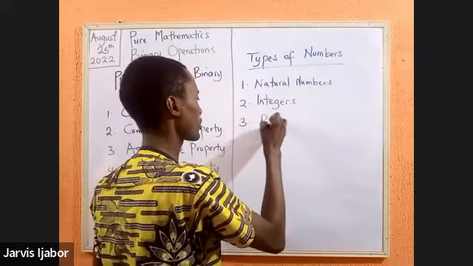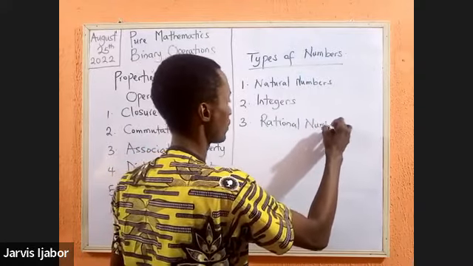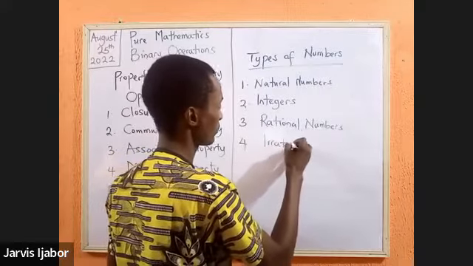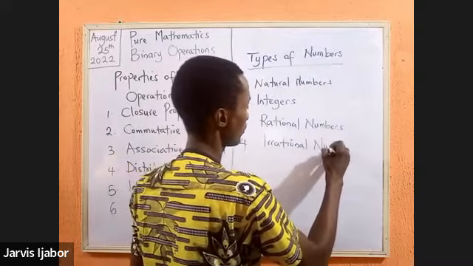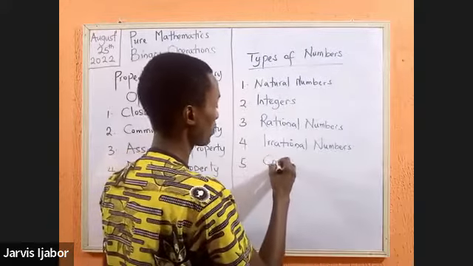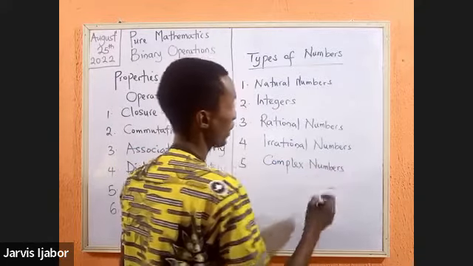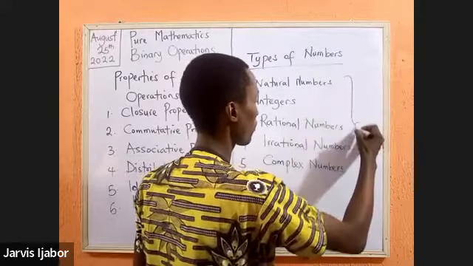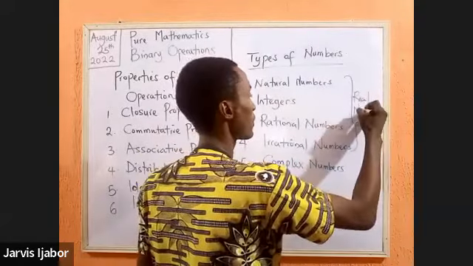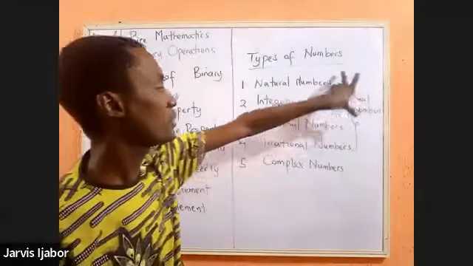Number three, rational numbers. Number four, irrational numbers. And number five, complex numbers. And the first four all come under what is called real numbers. So you discover that this is a very big category.